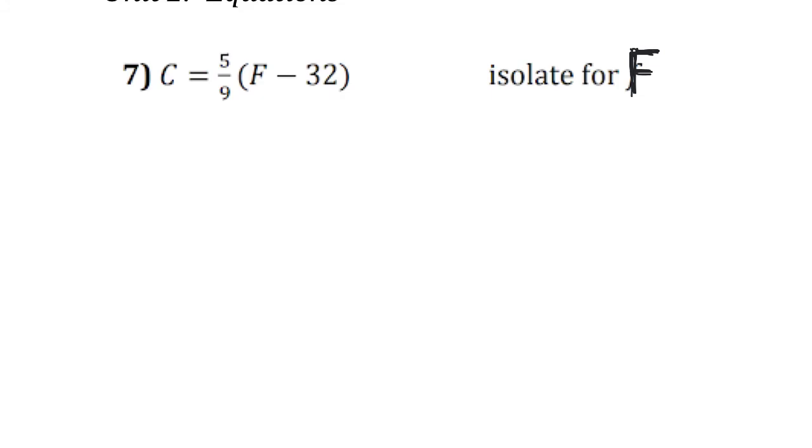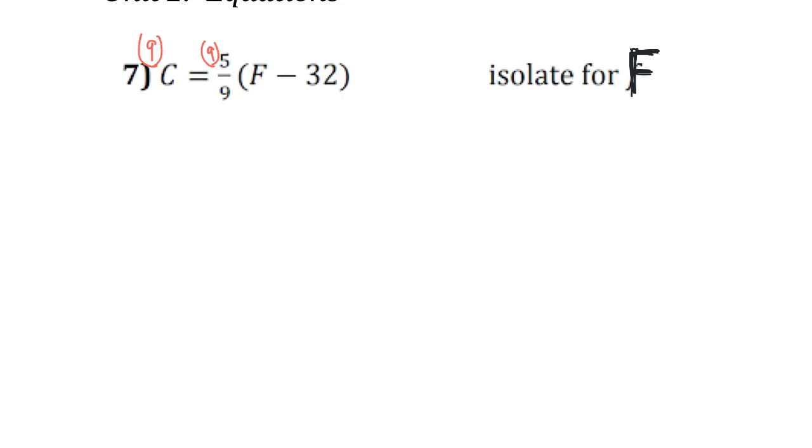So if I were to get a question like this, the first thing that I would want to do is get rid of the fraction, because fractions are super messy. We don't like to work with them. So I'm going to check the number that's in the denominator, or the bottom of my fraction, and I see a 9. So that tells me that I need to multiply both sides of my equation or formula by 9.